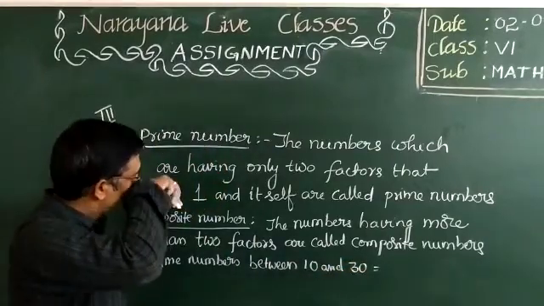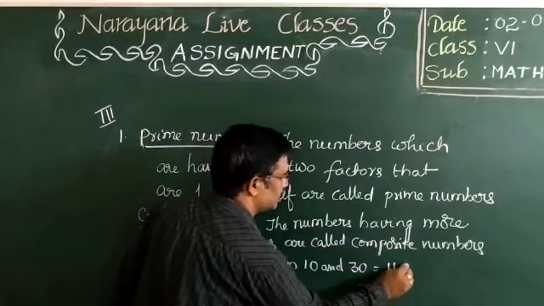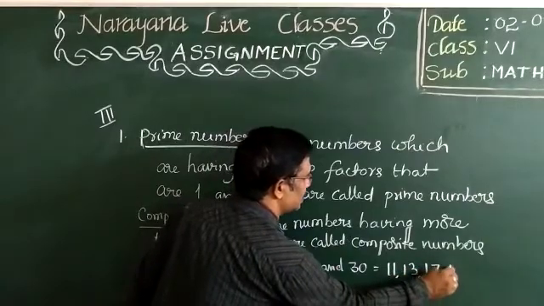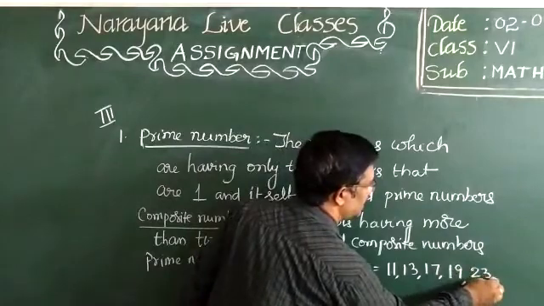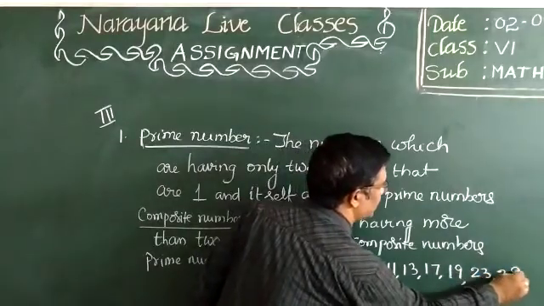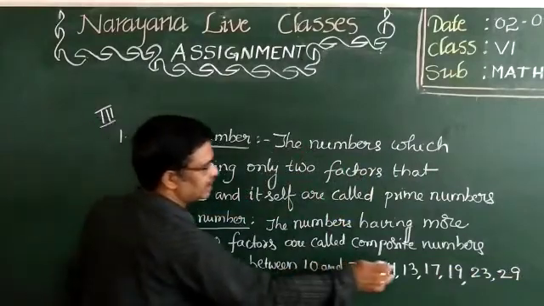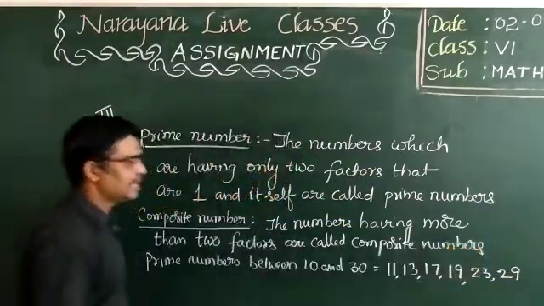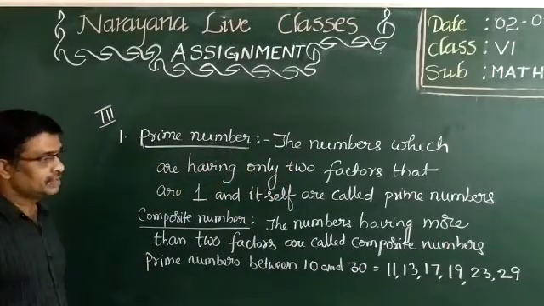After 10, 11 is a prime number. 11, 13, 17, 19, 23 and 29. So 11, 13, 17, 19, 23 and 29 are the prime numbers between 10 and 30.